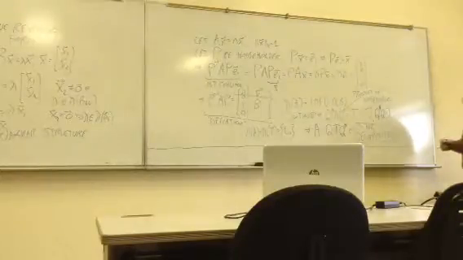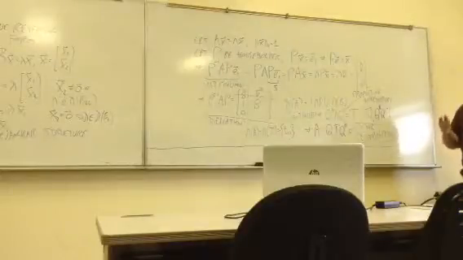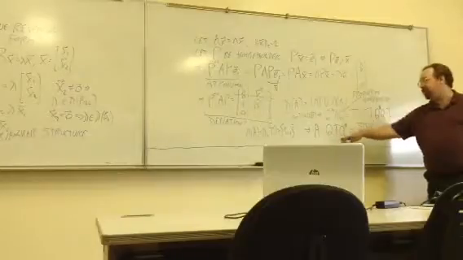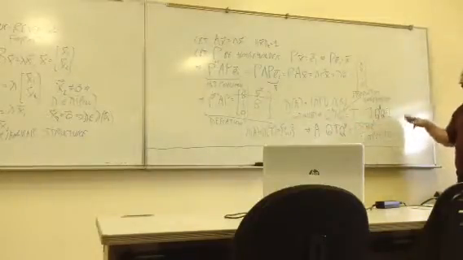So we keep applying similarity transformations using orthogonal matrices to A until we reduce it to this upper triangular form. We have a Schur decomposition, we have the eigenvalues.